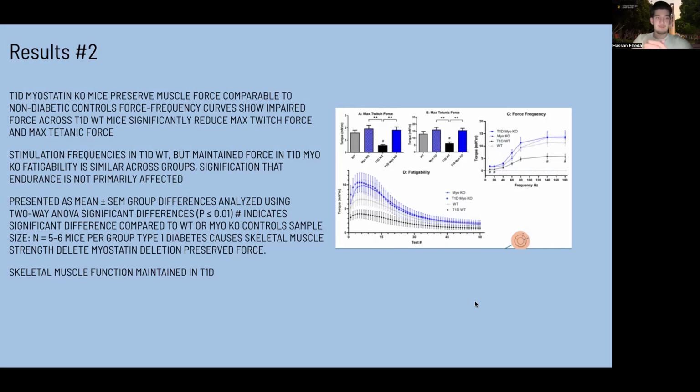In contrast, the myostatin knockout mice preserved muscle strength and performed similarly to non-diabetic controls. This suggests that removing myostatin protects against diabetes-related muscle loss. Force was maintained across stimulation frequencies in T1D myostatin KO mice, and fatigability is similar across groups, signifying that endurance is not primarily affected. So skeletal muscle function is maintained in T1D.